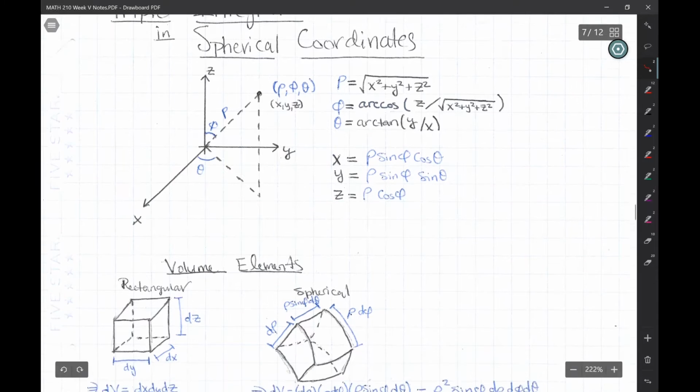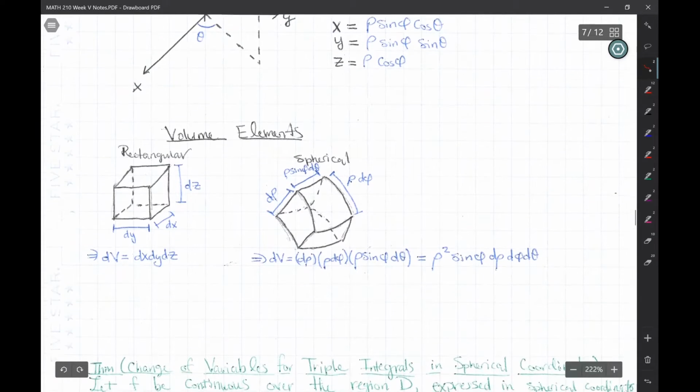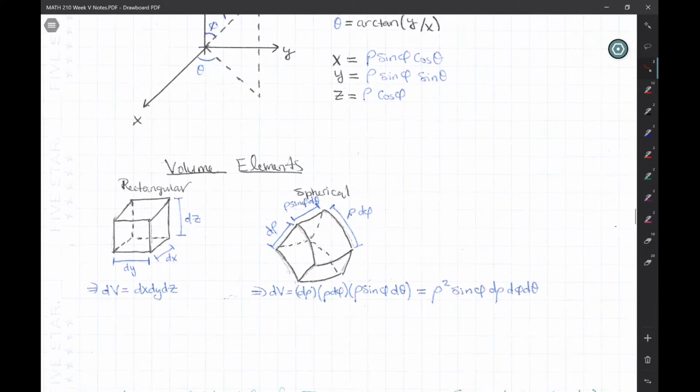So this is a triple integral, and when we do triple integrals, we want to break up our region of integration into these 3D shapes. In rectangular coordinates, we would just use a rectangular prism and get the volume element that you see there. That's the small volume of a rectangular prism.